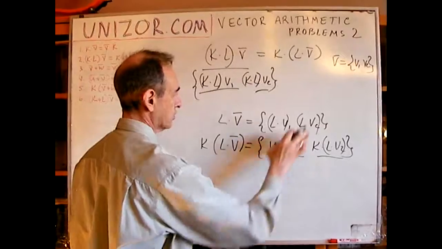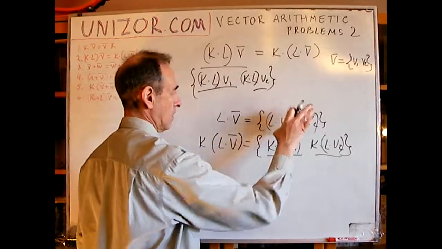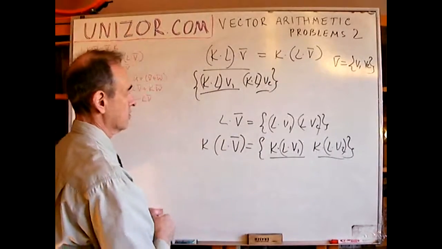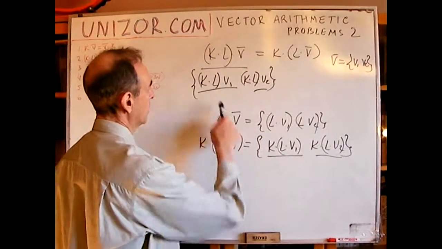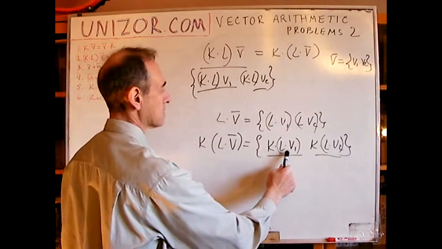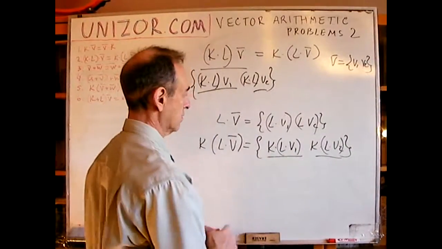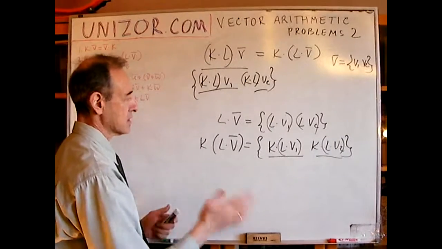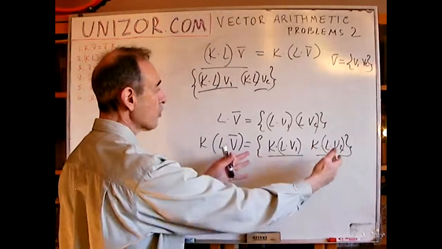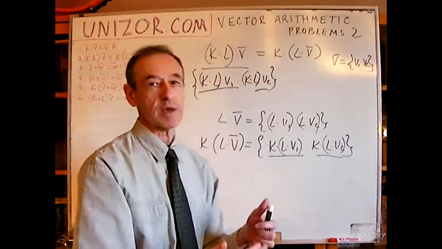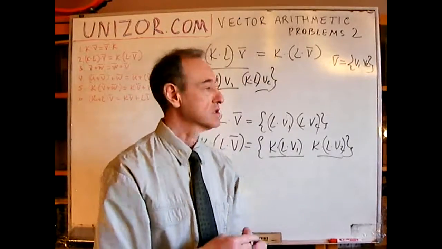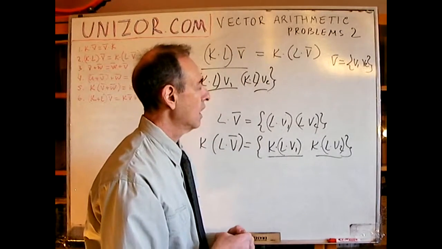I should really put these parentheses to be more precise, right? Because we first multiply by L. But now KL times V1 is the same as K times L times V1, because multiplication of real numbers is associative, and each one of them is a real number. So as you see, the group of numbers behaves exactly the same as a single number as far as associativity is concerned, or the commutative law.